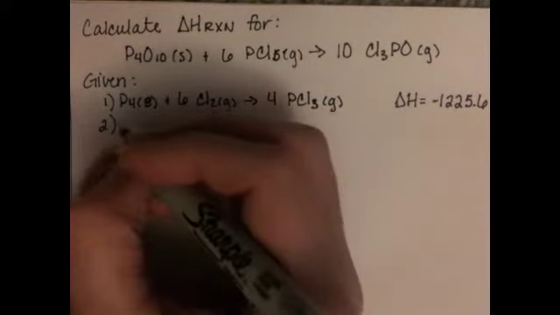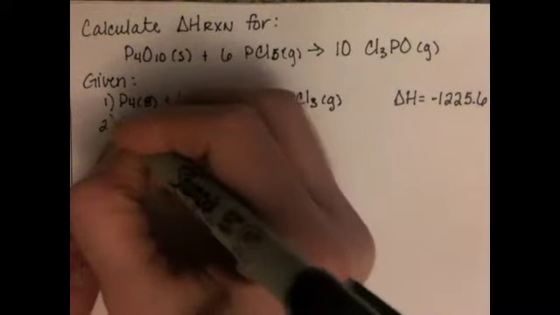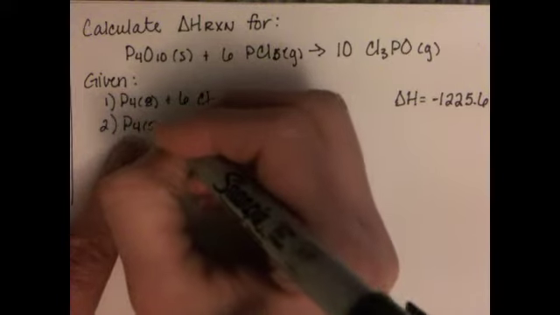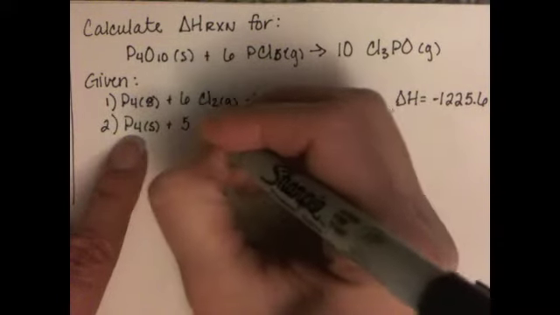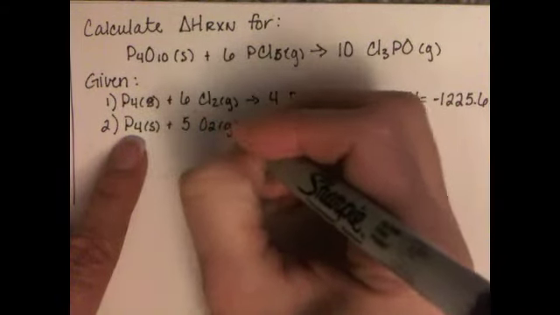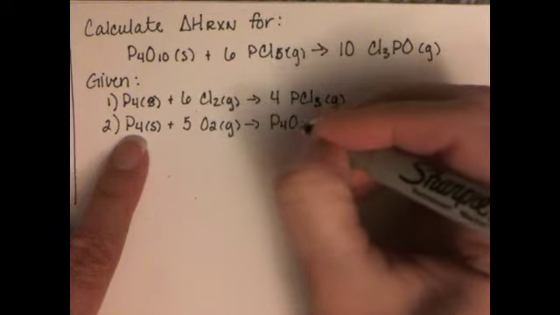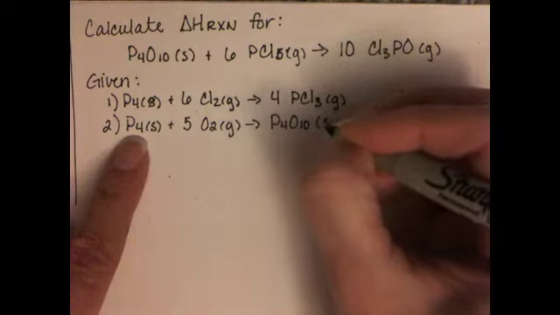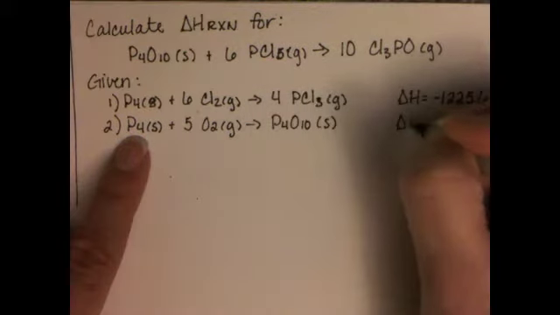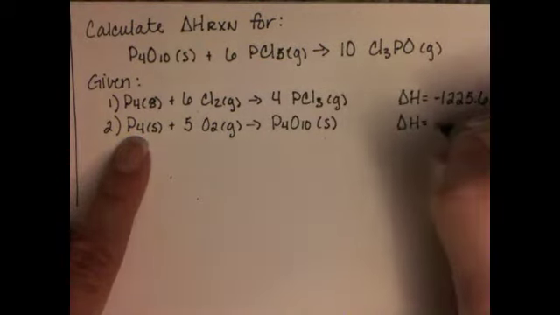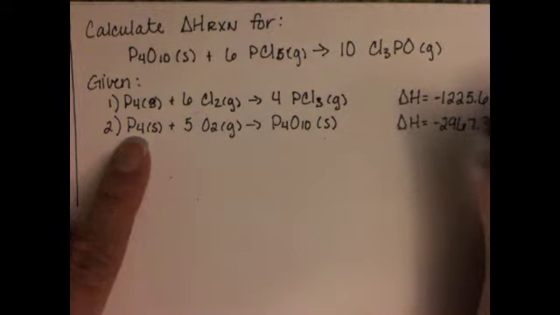Equation number 2 that we're going to have available says P4 solid plus 5 O2 gas produces P4O10 solid. Delta H for that reaction is negative 2,967.3.